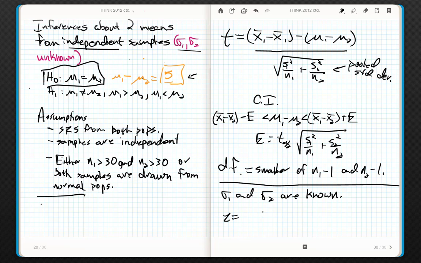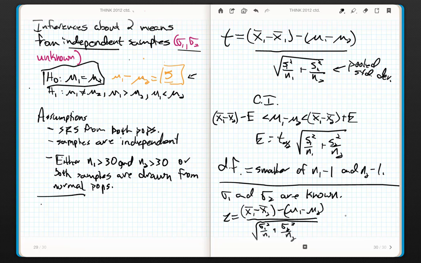T turns into Z. If you know sigmas, T always turns into Z. And we just end up with x1 bar minus x2 bar, minus mu1 minus mu2. That's often 0, which is nice. It makes life easy. And then instead of those S1 squares, I've got sigma 1 squared over N1 plus sigma 2 squared over N2.